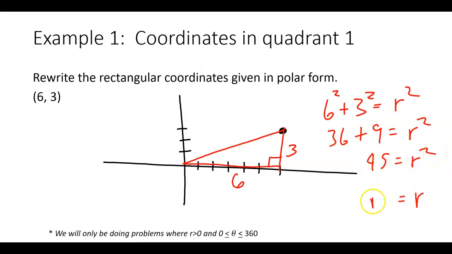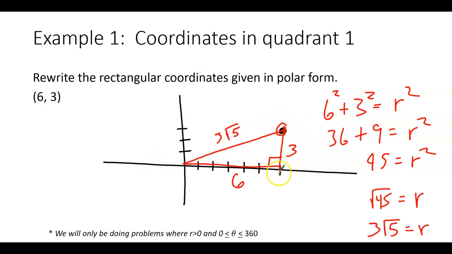And then we're going to take the square root of 45. And we need to simplify this square root. Now, I'm not going to show my steps for that. We've practiced that a little bit already in this unit. You should be getting 3 square root of 5, though, if you simplify it correctly. So this length here is 3 square root of 5.